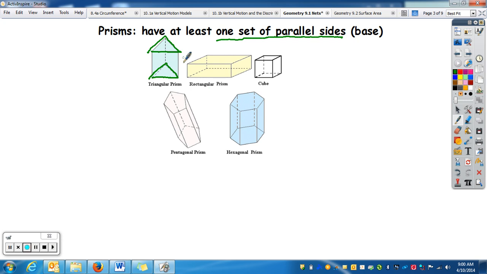We have a rectangular prism here because we have rectangles as our bases, and notice we have more than one set of sides parallel. A cube is made up of all squares. Pentagonal prism, notice we have the pentagon in there. Hexagonal prism, and so forth, and we could keep going. Notice these are polyhedrons because all the sides are polygons.